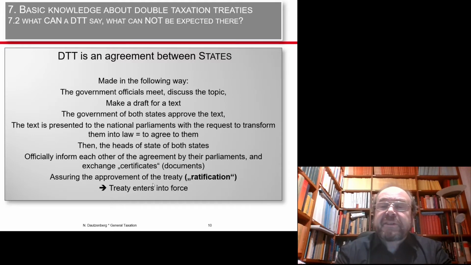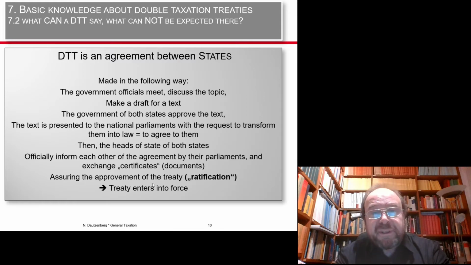Now, a double taxation treaty, this is here the headline, is just an agreement between states, and that means it's made in a relatively complicated way. Government officials meet, discuss, make a draft for a text, then tear apart the draft, redraft it, and so on for a long period of time.